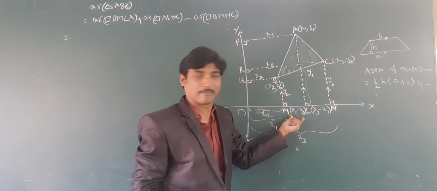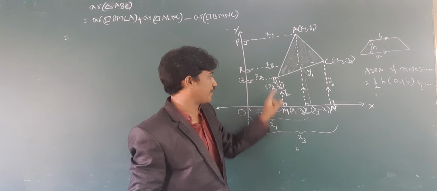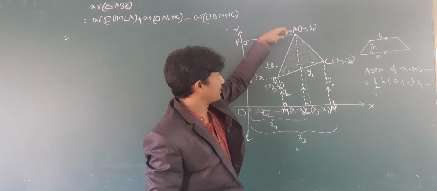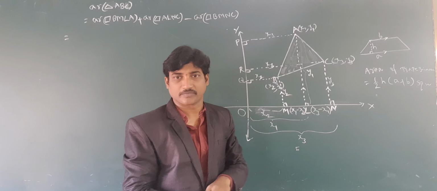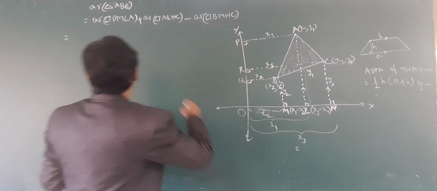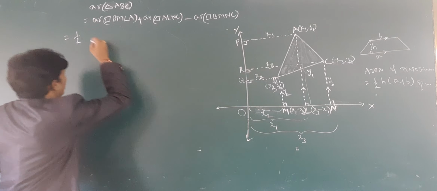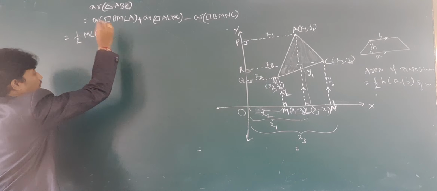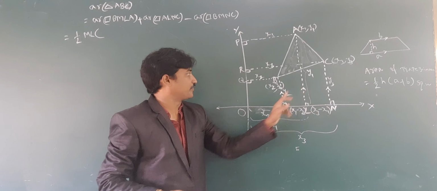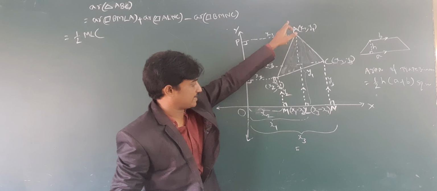Here h is ML, a is BM, and the other side b is AL. So half ML into (BM plus AL).